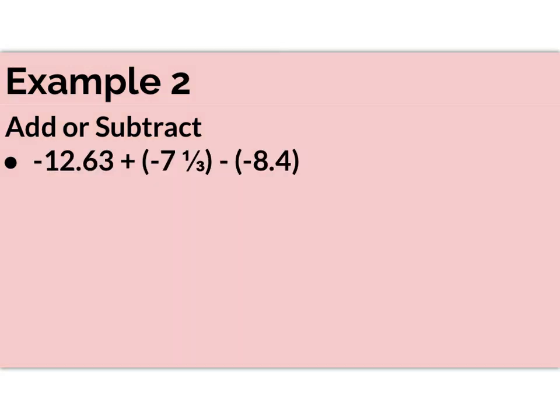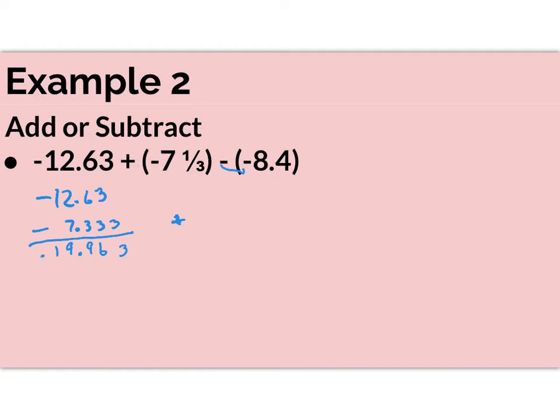Okay, so let's look at our second example. Negative 12.63 minus 7.3 repeating. And then these two negatives become a plus, and we can't mix them up. So let's line them up. We got 3. 3 and 3 is 6, 9. 2 and 7 is 9, and 1.